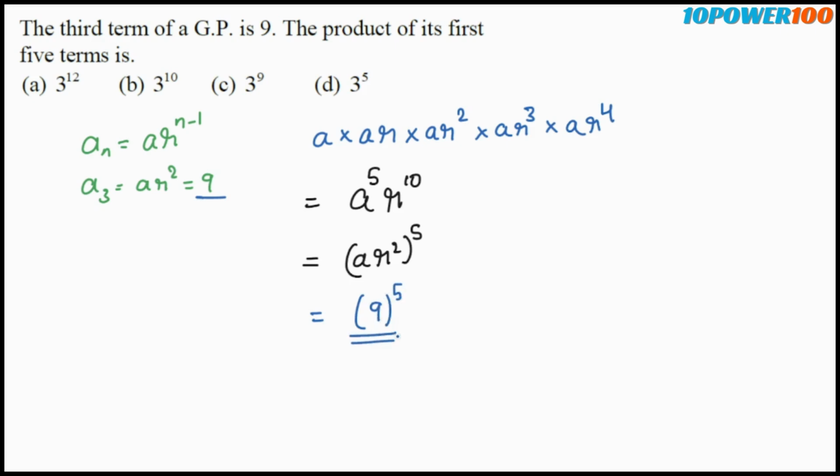So 9 power 5 is the correct answer. Oh, but 9 power 5 is not in the options. Let's solve further. So can we take 9 as 3 square? 3 square the whole power 5 is nothing but 3 power 10, right? So do we have 3 power 10? Yes. So 3 power 10 is the correct answer.